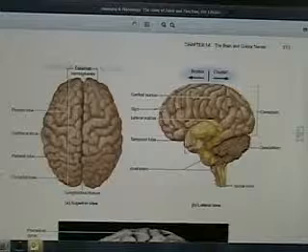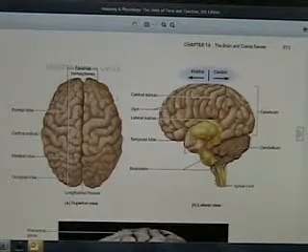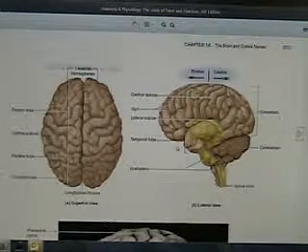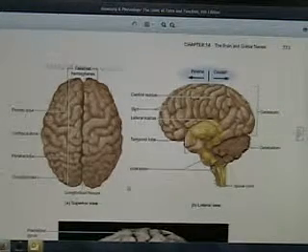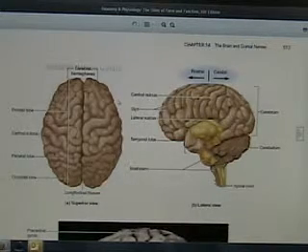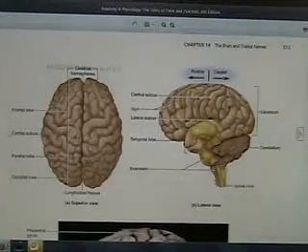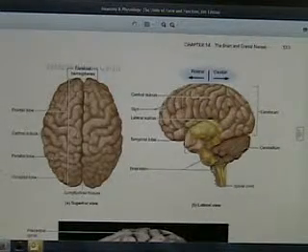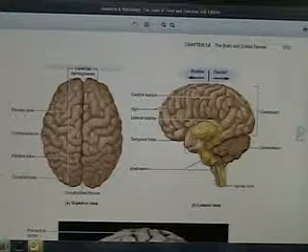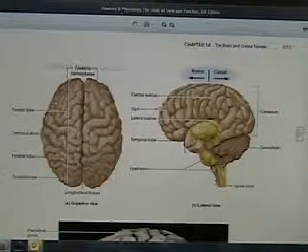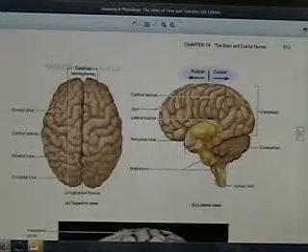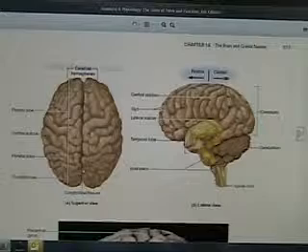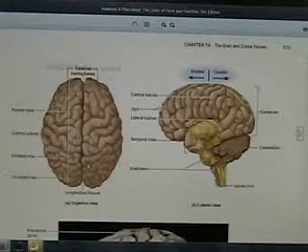Okay, so we see here, these are rostral, towards your nose, caudal. And these pictures, beautiful, beautiful pictures. All I have to do is take them and remove all of these and put A, B, C, D. If you notice, the cerebrum is separated into hemispheres, a left and a right, and there's a longitudinal fissure that separates the brain into these left and right hemispheres.